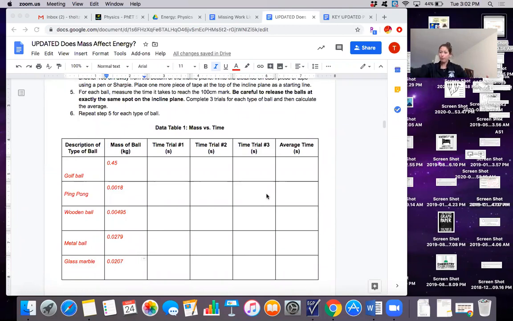So how do you find the average for each? If you said, add these 3 up and divide by 3, you're right. You add up the amount of trials we did and divide it by the number of trials. So I'm gonna take these 3 times that you guys just recorded, add them up, and then divide that by 3, and you'll get your average.